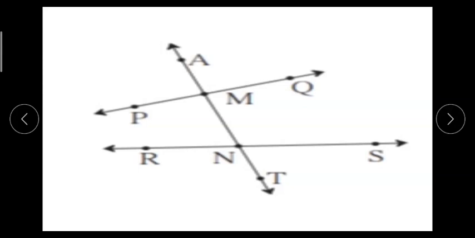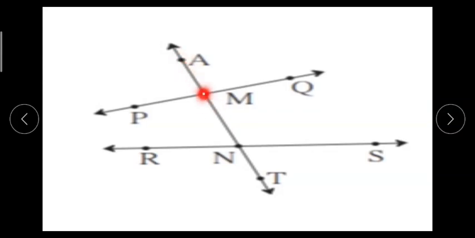Then your third point, page number 7. Your heading will be angles made by a transversal. I repeat, angles made by a transversal. This is your heading. You have to write this. Then you have to draw this figure.